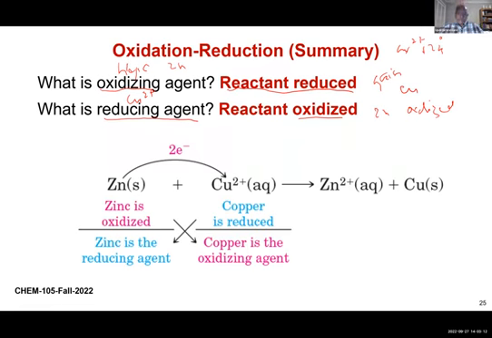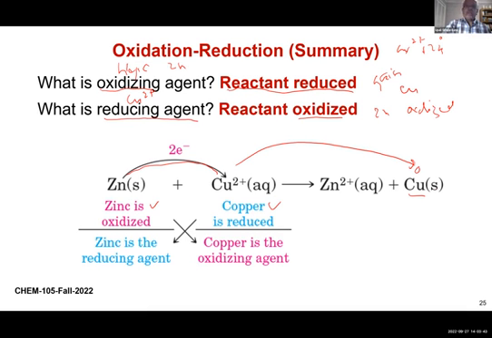So we use this idea about oxidation reduction. The electron is transferred. Zinc is oxidized, we already know that. Copper is reduced, it gains, and when it gets 2 electrons, it becomes copper 0.